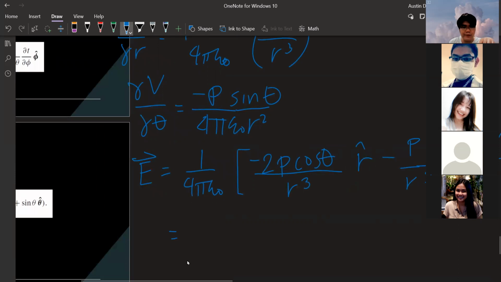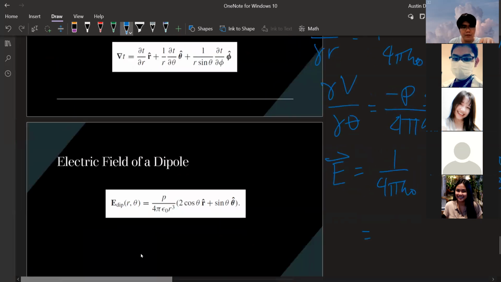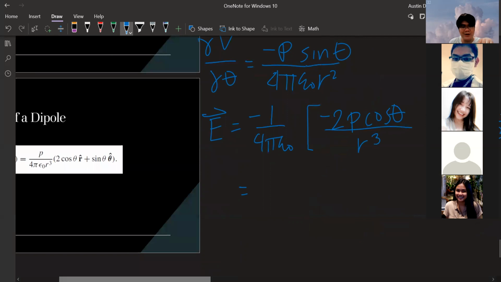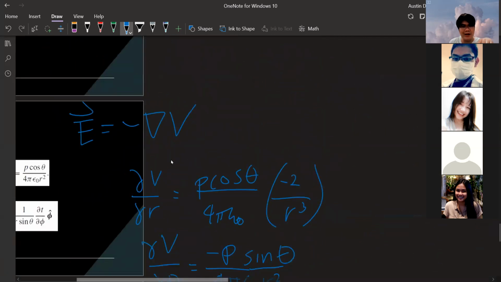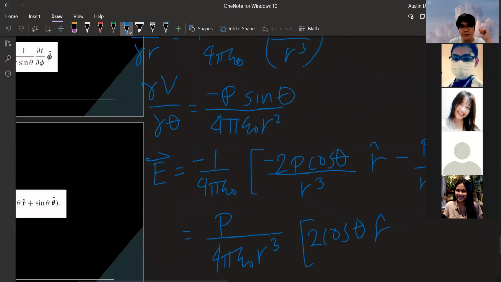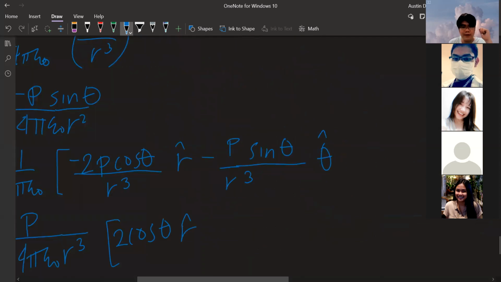Why did I get negative? Because there's an extra negative sign. I forgot that. There's an extra negative sign. Right, guys? Because it's the negative gradient of V. Sorry, why was my answer positive? So I have to factor out P, 1 over 4 pi epsilon naught, r cubed, cosine theta times 2, r hat, then sine theta, theta hat, with the sign corrected.